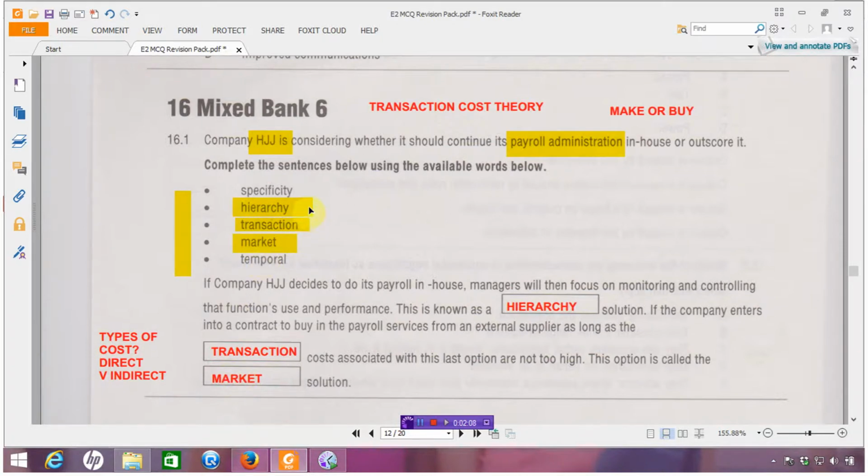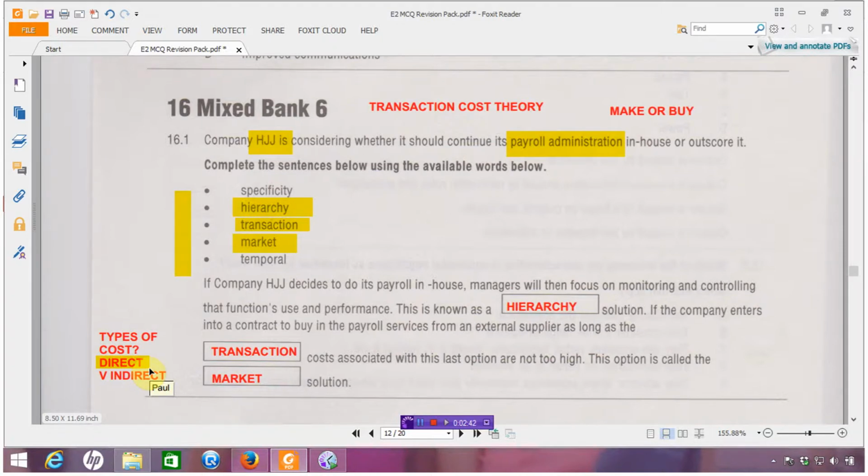So we have hierarchy versus market, and certainly the transaction costs are the ones that are relevant if we're going out into the market. One other thing I'll draw your attention to, something that we've seen in another MCQ question, is where they refer to transaction costs, i.e. the monitoring, controlling costs, legal, etc., as indirect costs, as opposed to a direct cost of going out into the market, which is essentially the cost of the outsourcer themselves.